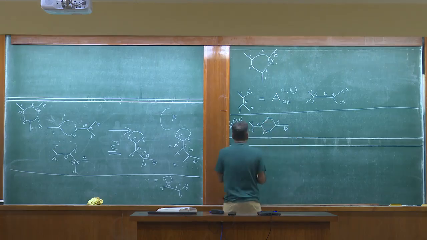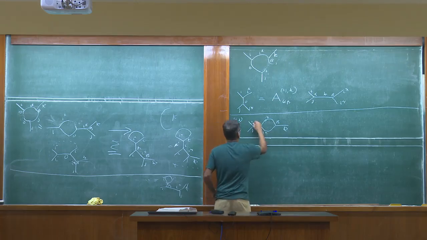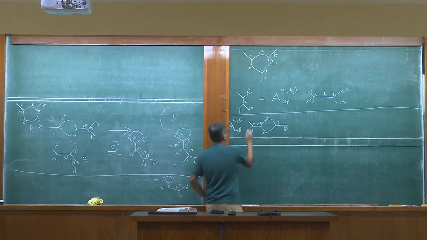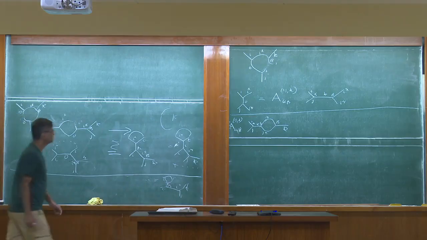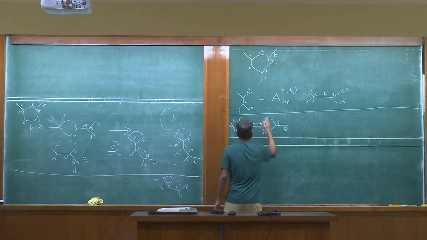So now we should be a bit more careful. We'll call this alpha and zeta. There are two Ks. One K is fully summed over and we'll call this m.